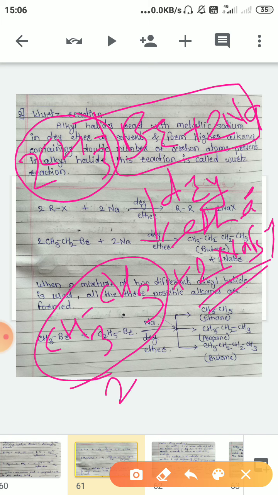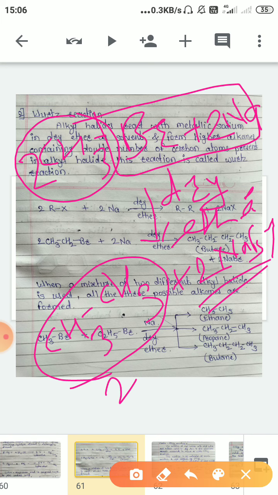That means the number of carbon atoms has increased, and therefore it is called a preparation method for higher alkanes. If the same alkyl halide is used for this reaction, then the alkane is formed with double the number of carbon atoms than that of the reactant.